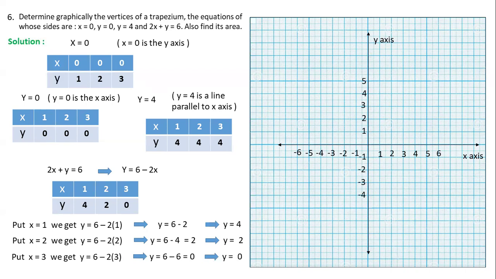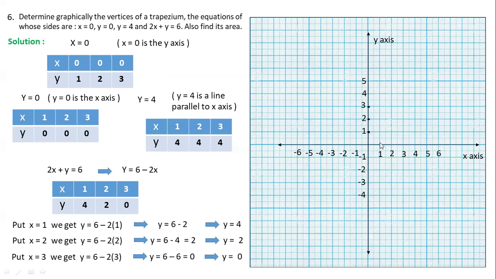X is 0, y is 1. Here it is. X is 0, y is 2. X is 0 here only, y is 2. It is here. X is 0, y is 3. So all these three are on this y-axis.